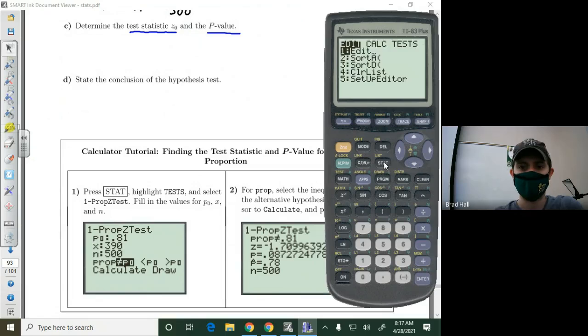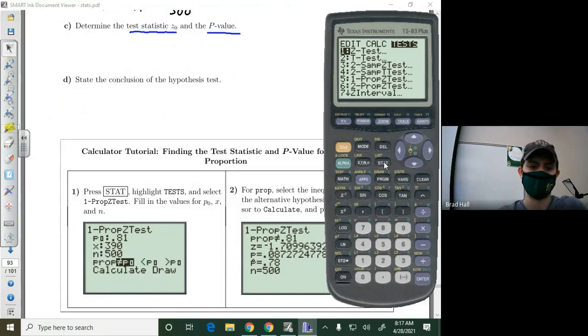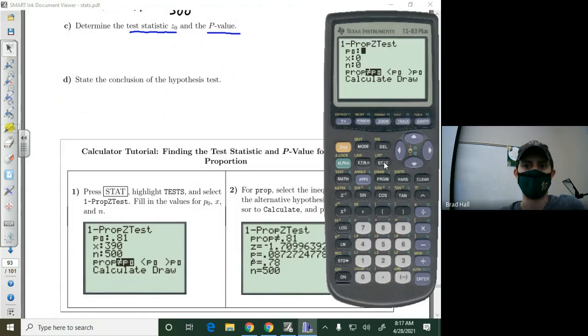You click on stat here, scroll over to test, and go down to the 5th one, the one proportion Z test. When you press enter on that, you should get the screen here, and it should say one proportion Z test at the top. Now notice it's asking for really 4 things here.